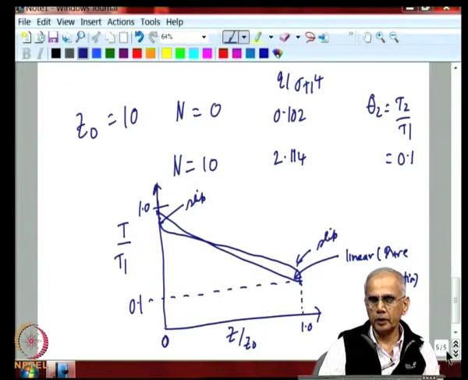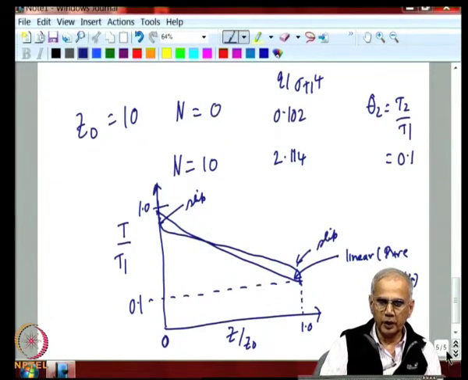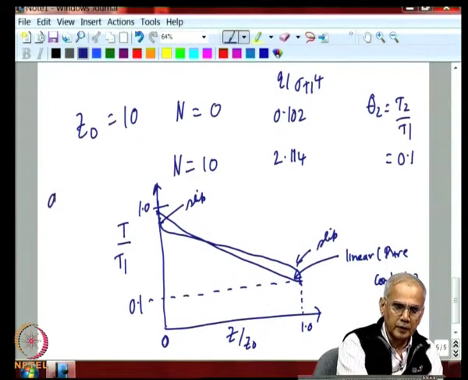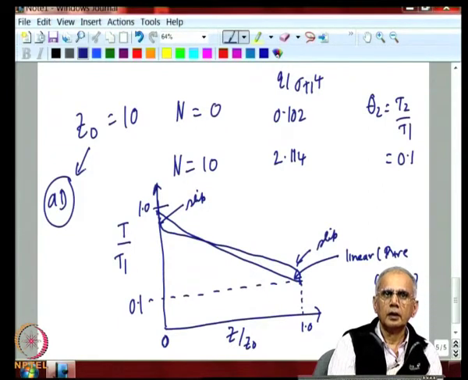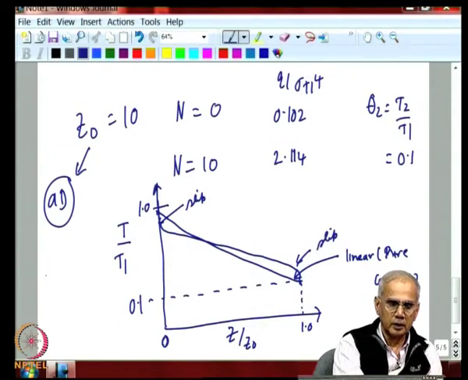So, this simple model illustrates the interaction between conduction and radiation, and we found that essentially it is a 2 parameter problem, one involving the optical depth AD and the other involving the conduction radiation parameter Ka by 4 sigma T1 cube.